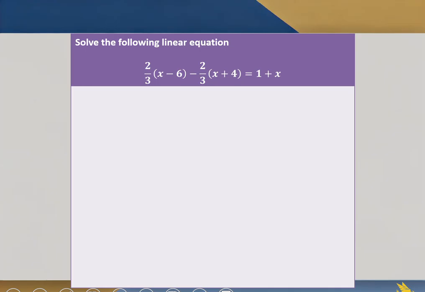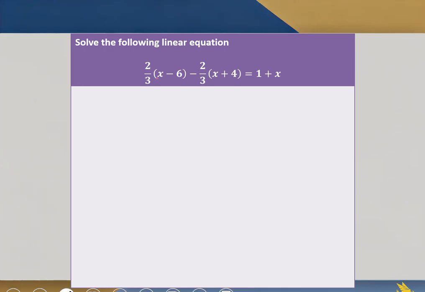The next question is: solve the following linear equation. I've got 2/3 in brackets (x - 6), take away 2/3 in brackets (x + 4), is equal to 1 plus x. I hate the way these equations are written, so I'm going to fix them.